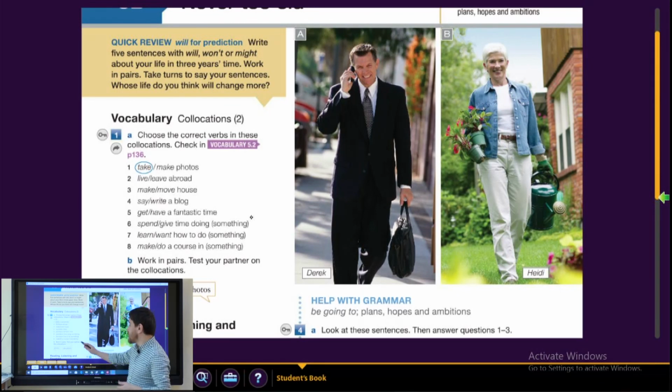The next collocation is number six, spend time doing something or give time doing something. Here we use the verb spend. You spend time followed by verb-ing, doing something. Let's give an example.